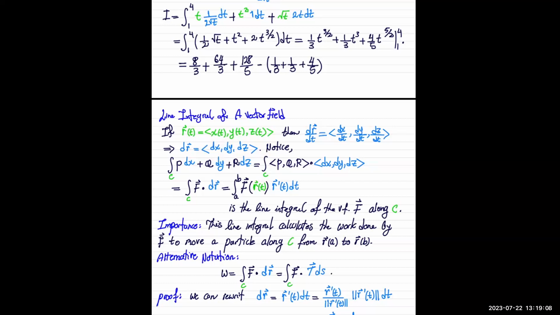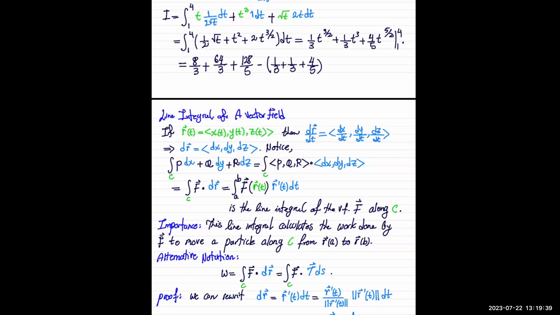So notice that this combination of line integrals over C that we were looking at is the dot product of the vector P, Q, R. This is a vector field, right? These are functions. We have P of x, y, z, Q of x, y, z, R of x, y, z.